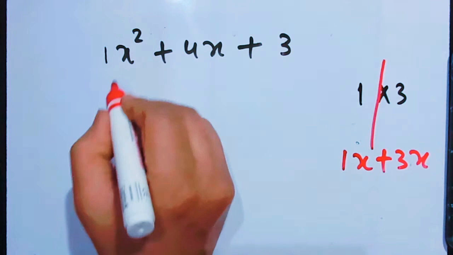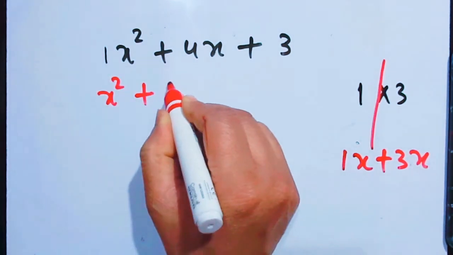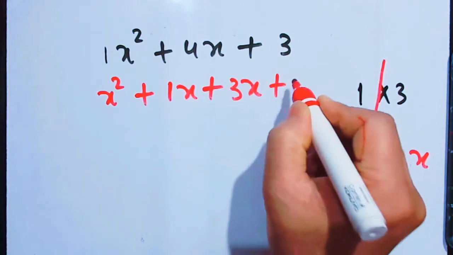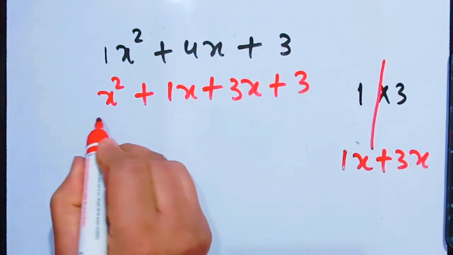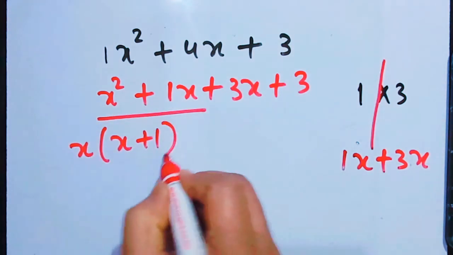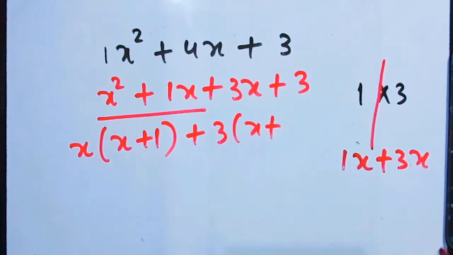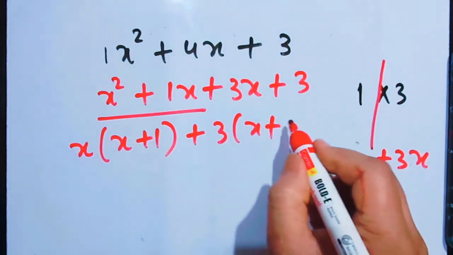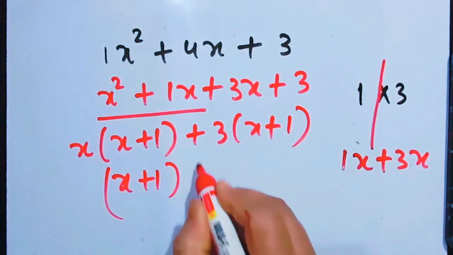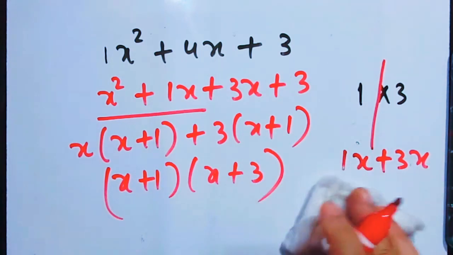Let us see. So x square plus 1x plus 3x plus 3. From here if I choose x, I will get x plus 1, and from here if I choose 3, I will get x plus 1. So finally x plus 1 and x plus 3 is our solution, isn't it?